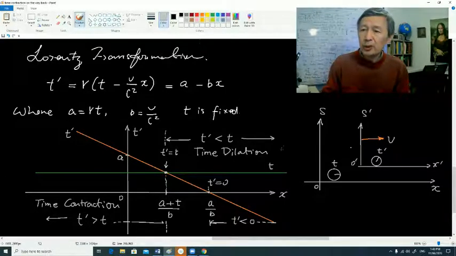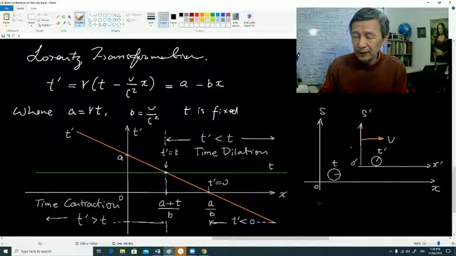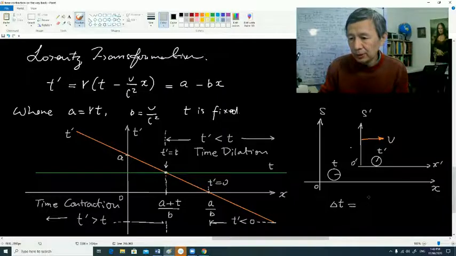Those who claim that the time variation is always based on this popular formula say that delta t always equals delta t prime divided by the square root of 1 minus v squared over c squared.